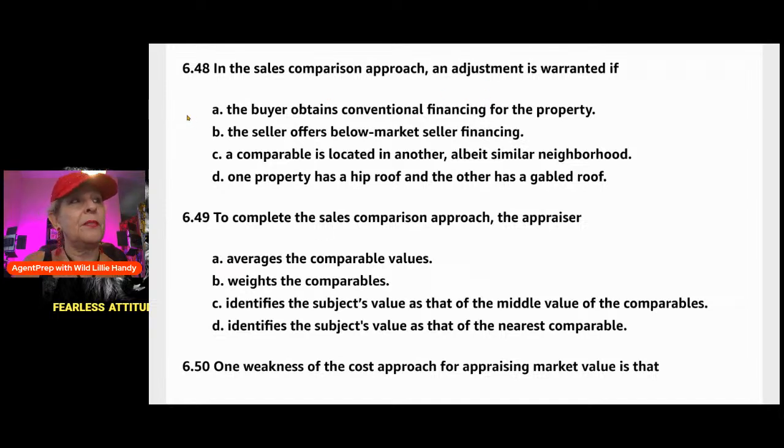So A, the buyer obtains conventional financing for the property. B, the seller offers below market seller financing. C, a comparable is located in another, albeit similar neighborhood. Or D, one property has a hip roof and the other has a gabled roof.